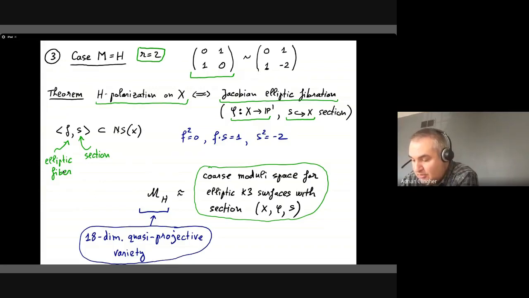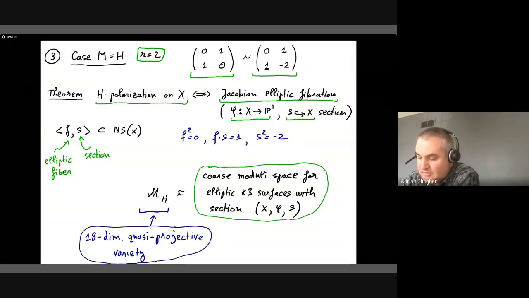And this can actually be seen from the hyperbolic lattice. The hyperbolic lattice 0, 1, 1, 0 is actually equivalent up to conjugacy to 0, 1, 1, minus 2.